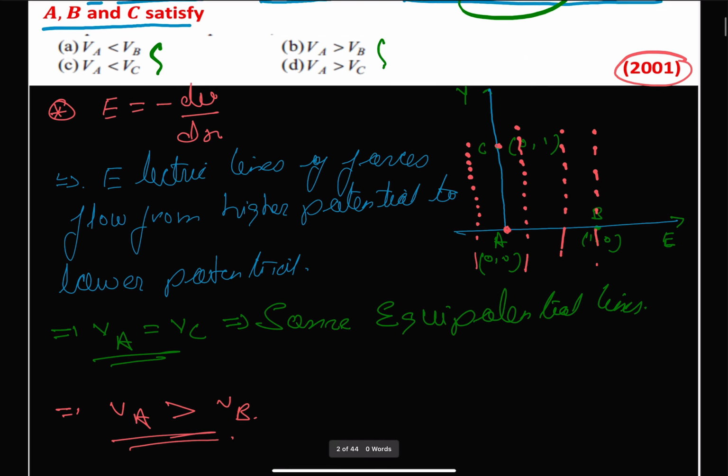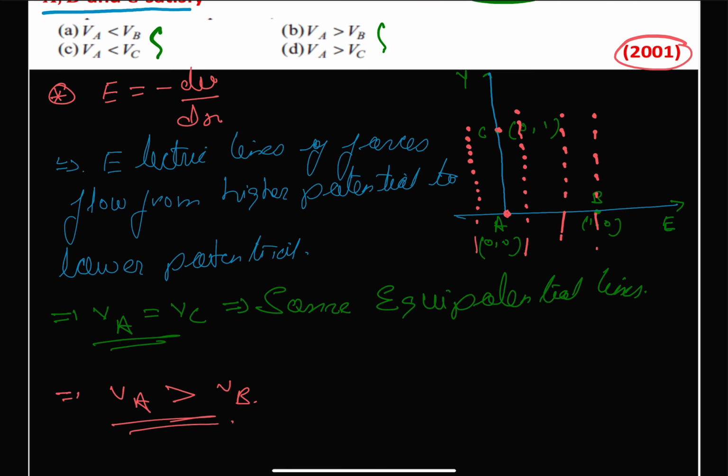Therefore, option B, VA is greater than VB, is the correct one. Option B is correct.